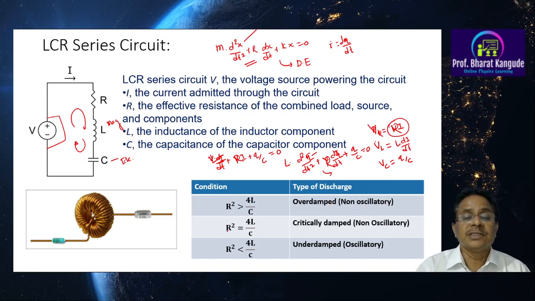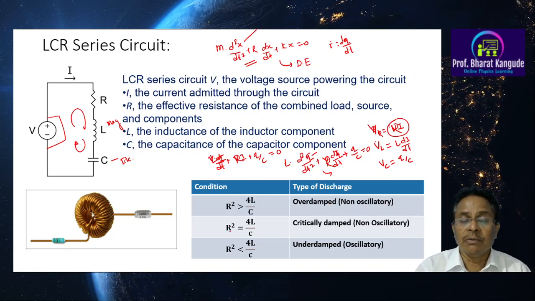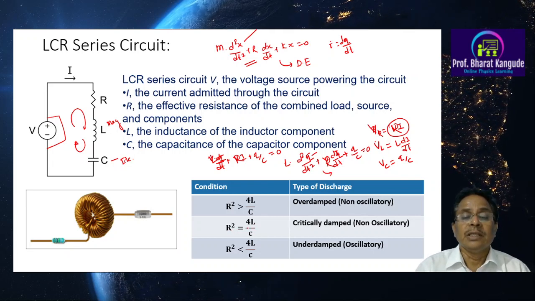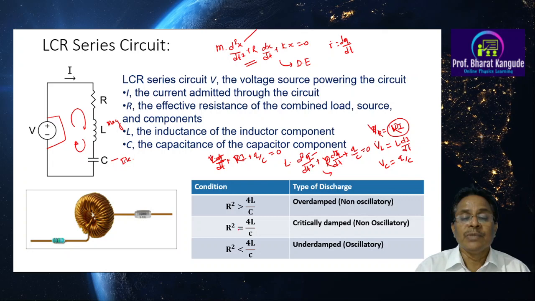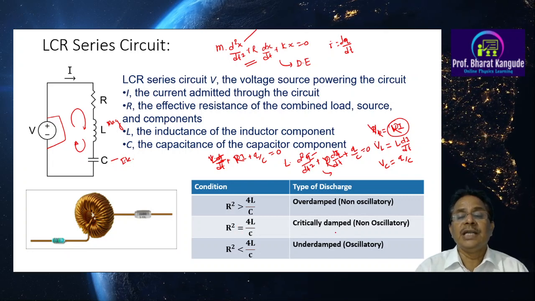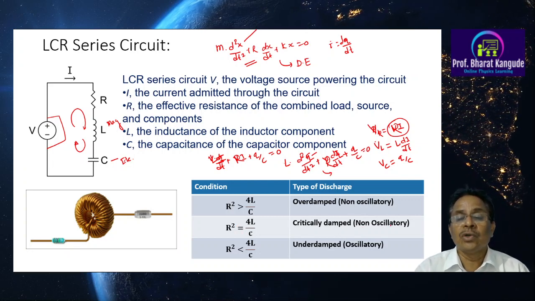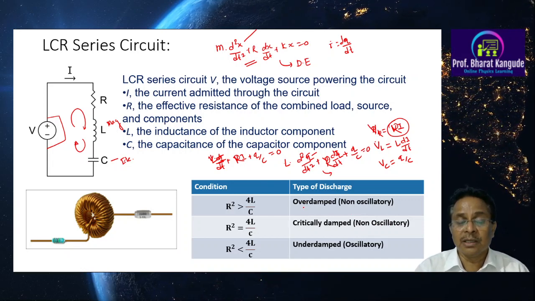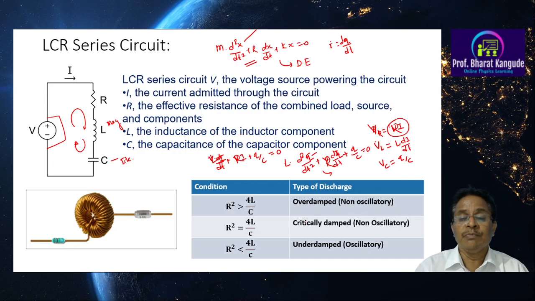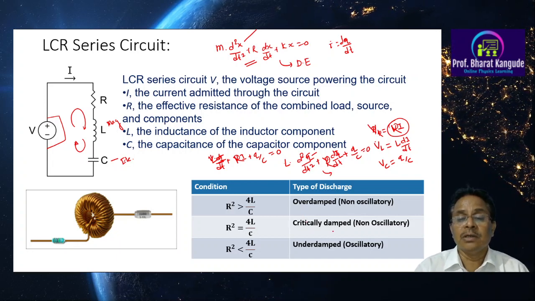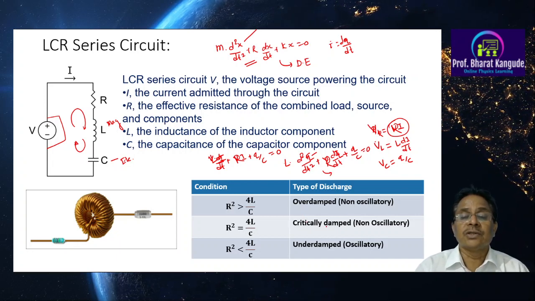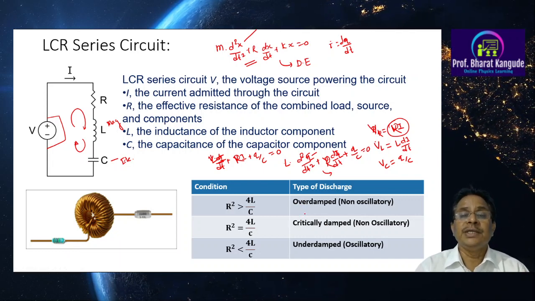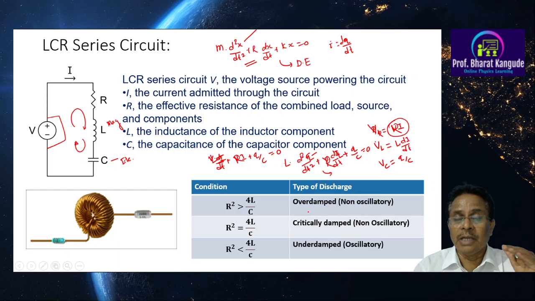Then the second condition is when R square is equal to 4L upon C. Whenever it is equal, this type of case is called critically damped, and this case is also non-oscillatory. So what we have seen in the overdamped case in the mechanical simple damped harmonic oscillator, and the critically damped state of this electrical oscillator, these two states are exactly similar to what we have seen in the mechanical damped harmonic oscillator.